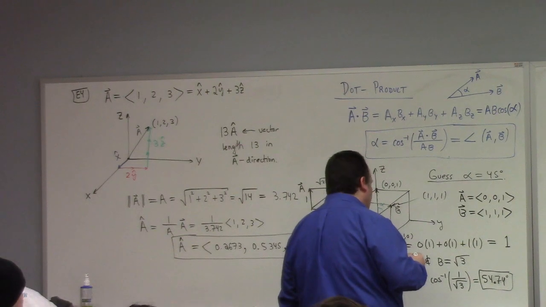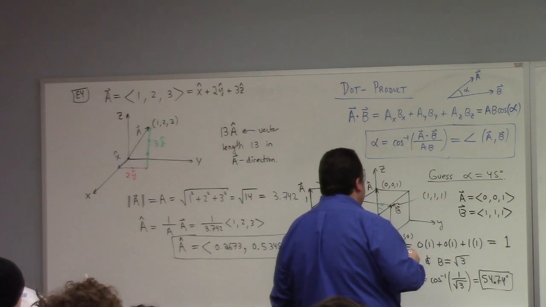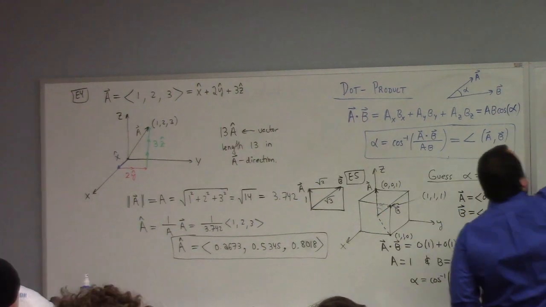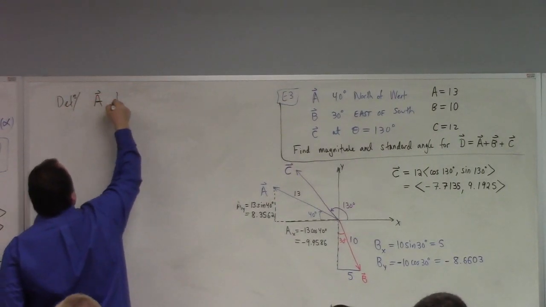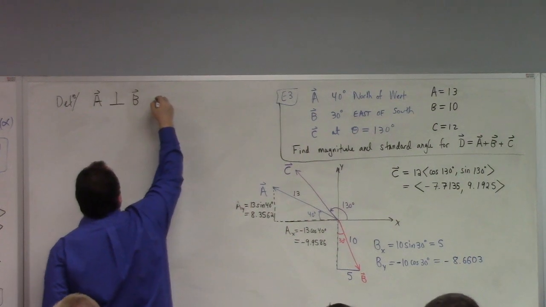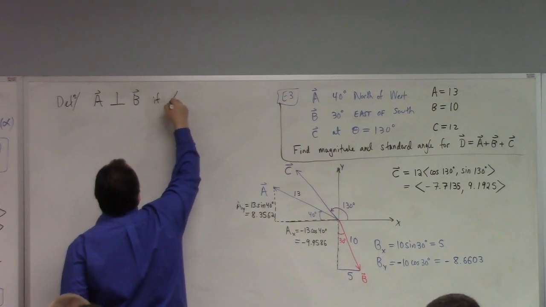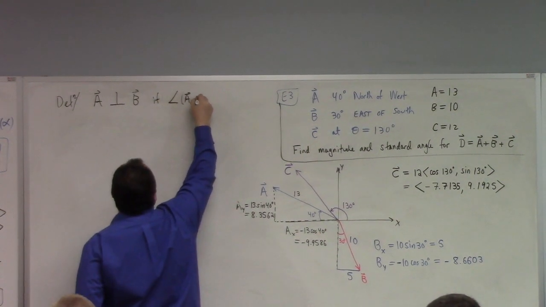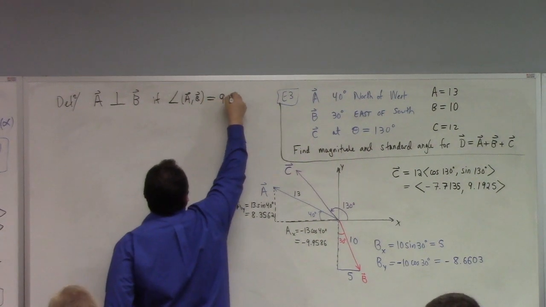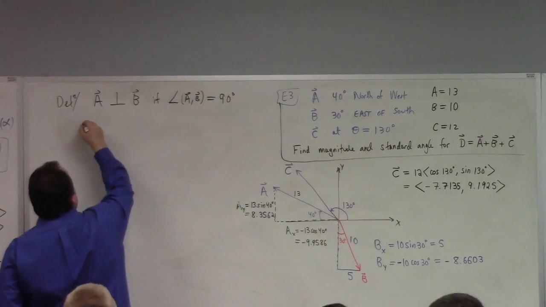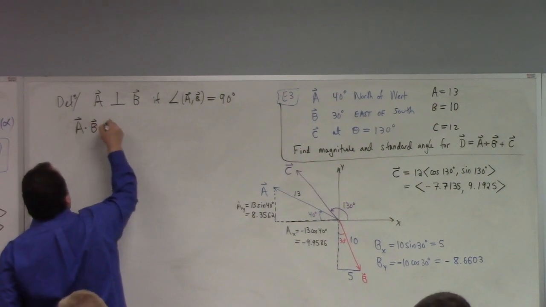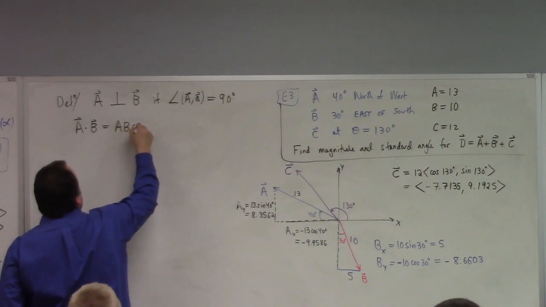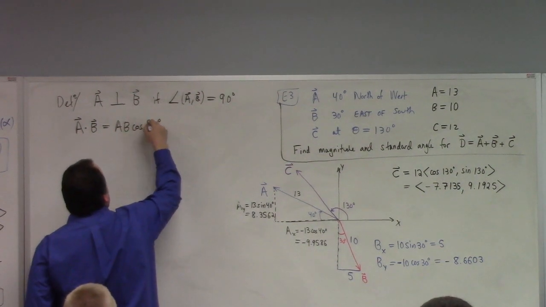Let's see here. Where was I? Oh yes. Definition. A is perpendicular to B if the angle between A and B is 90 degrees. So if we think about that, if we have A dot B, right, is AB cosine of 90, well, what's cosine of 90 degrees?